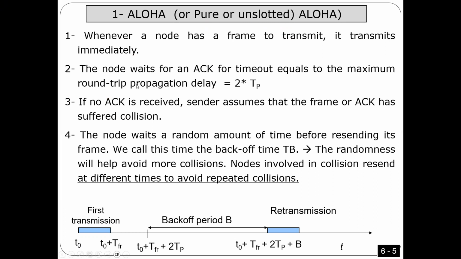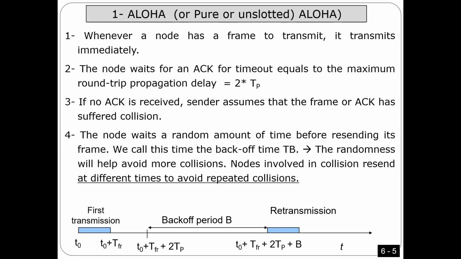But if you don't receive acknowledgement in two times the propagation time, you know the propagation time is the time for the signal to go and come back. So if I don't receive acknowledgement during a certain time, that means the data I transmitted was not delivered because of collision.